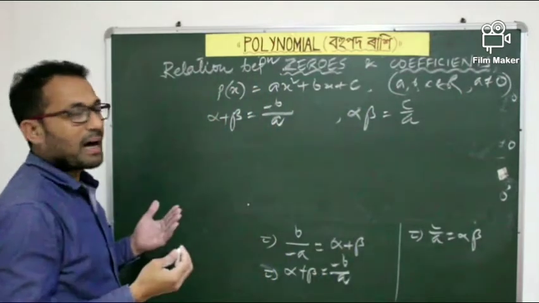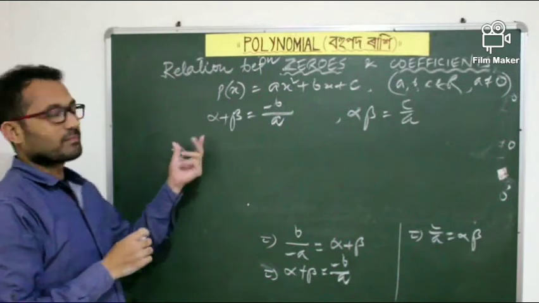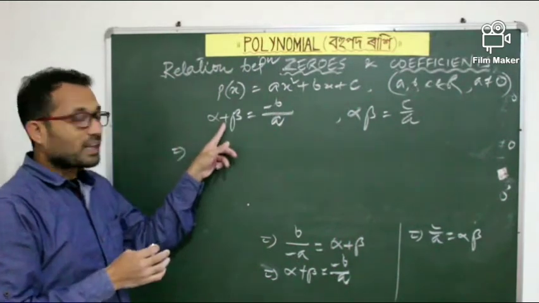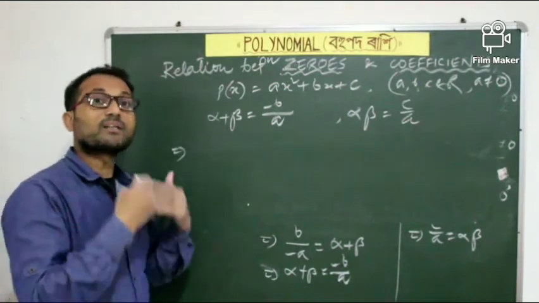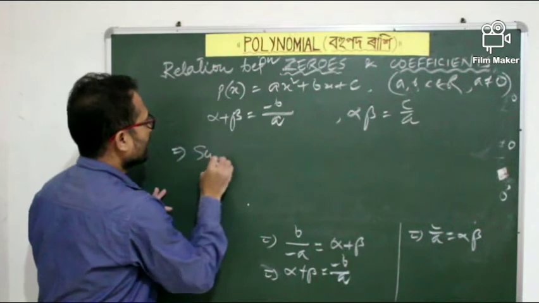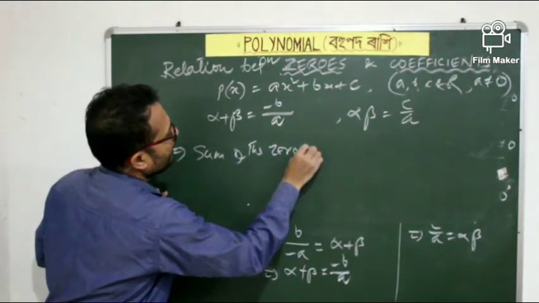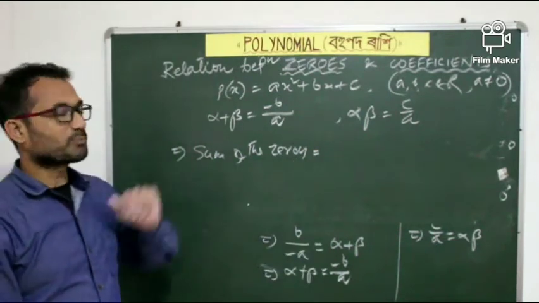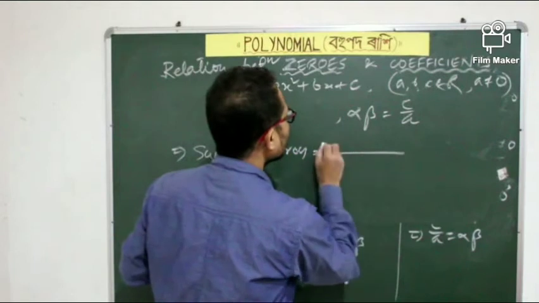Alpha plus beta means the sum of the zeros, and we got minus b by a. What is b?